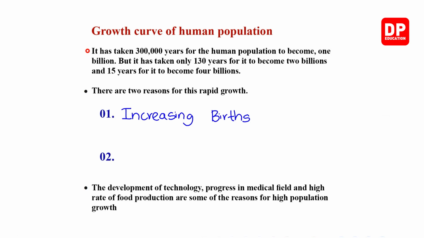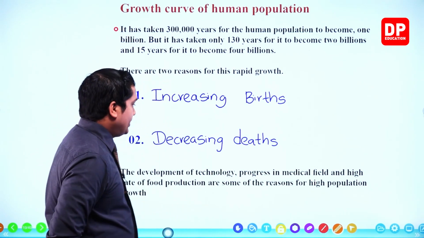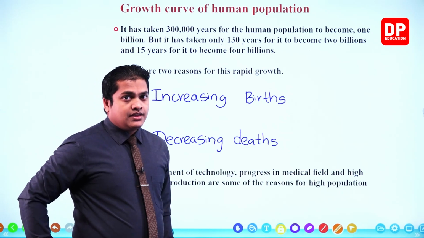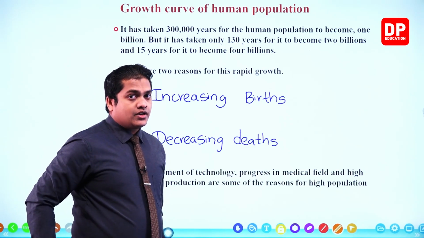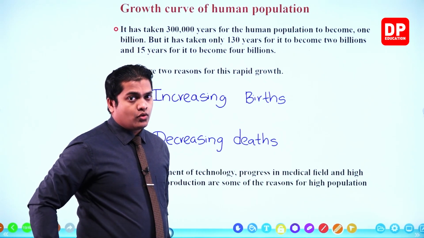Then decreasing deaths. So number one is the increase in births. Number two is the decrease in deaths. These are the two main reasons for the rapid growth.